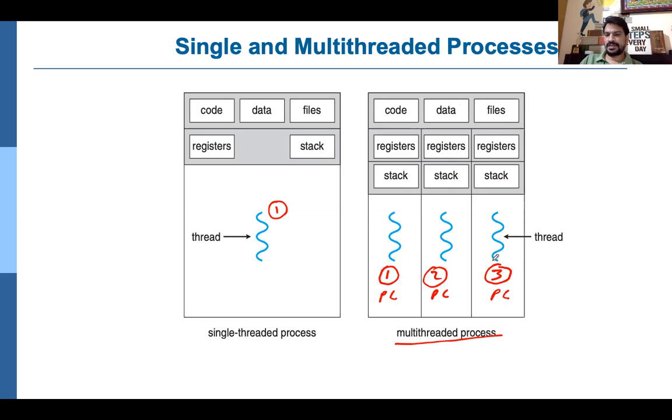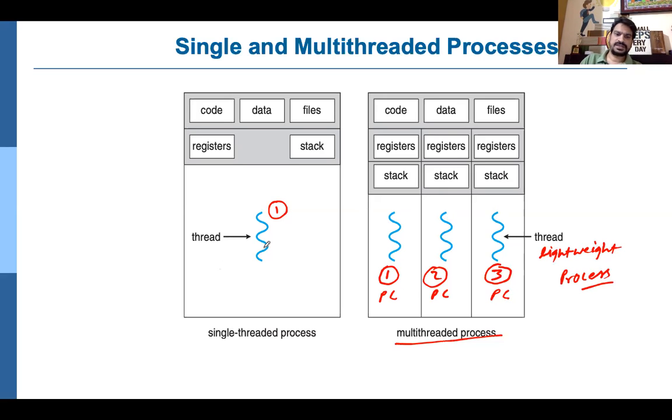That's why in a multi-threaded process architecture, the threads are called lightweight processes. So a thread that belongs here in a multi-threaded process, we can say it is a lightweight process.